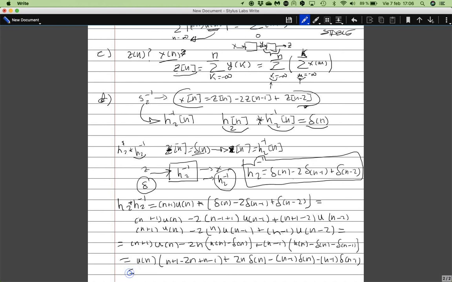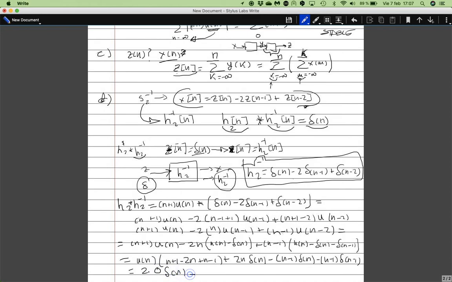And basically, look at this. We can simplify, and this will be 2 times delta[n] multiplied by n. What happens when I multiply a function by a delta? You get a delta with the value of the function at that point. But the value of n at 0 is 0, so this is 2 multiplied by 0 times delta[n].